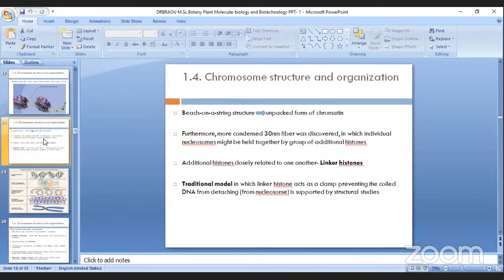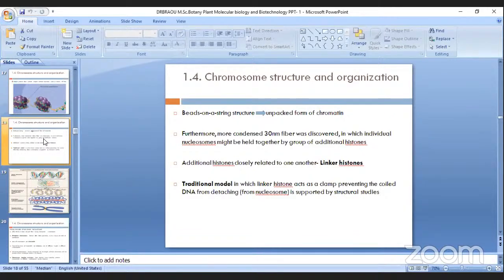In this discovery, they thought that the individual nucleosomes might be held together by a group of additional histones.